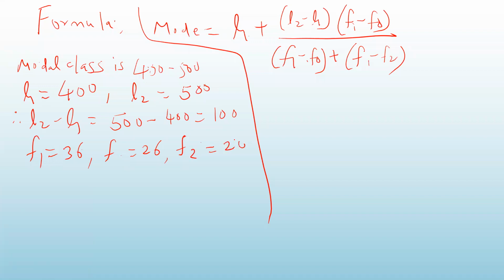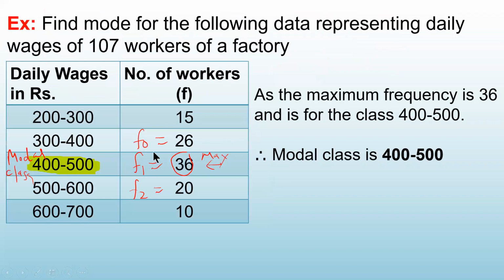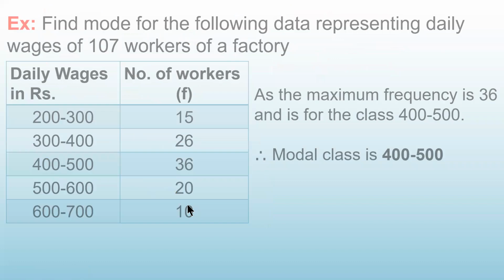Look at here. F0 is 26, F1 is 36, and F2 is 20.